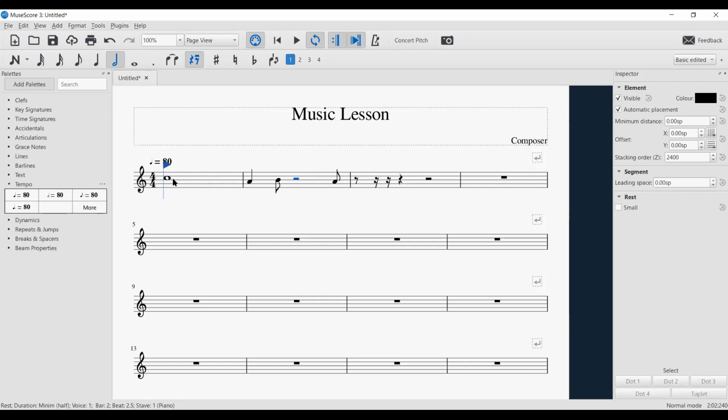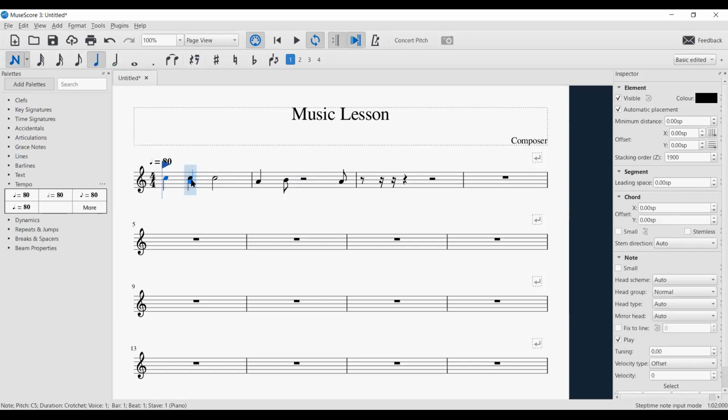Let's quickly go through. Let's construct some notes here. We'll make it easy. 1, 2, thank you, 3, 4, okay. And we will have something like this.